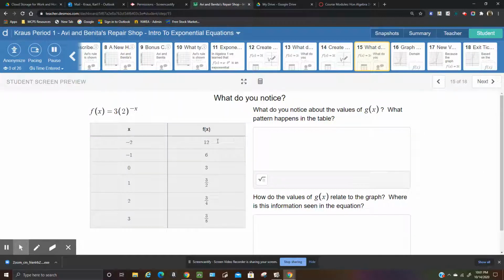So the g of x, it should say f of x again, or I could make that g of x. So divided by 2. So decreasing.